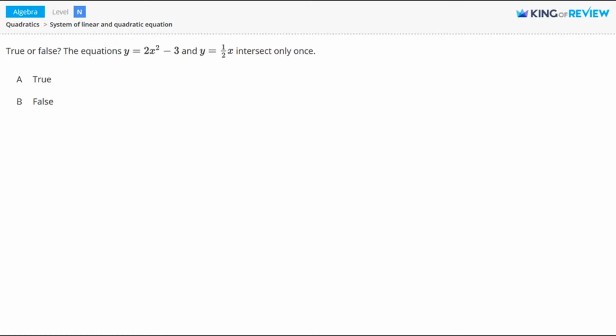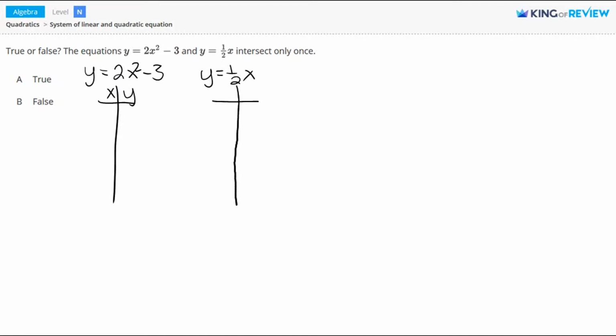So let's try graphing them. You can use your graphing calculator, or in this problem, I'll graph it by hand. So we have y equals 2x squared minus 3, and y equals 1/2 x. I'll do a table of values for each of these equations, and then graph the points on a coordinate plane.